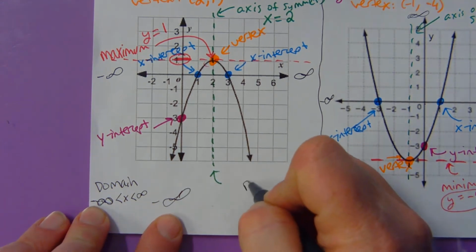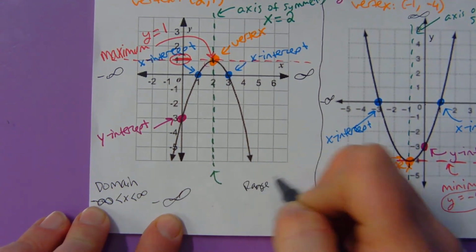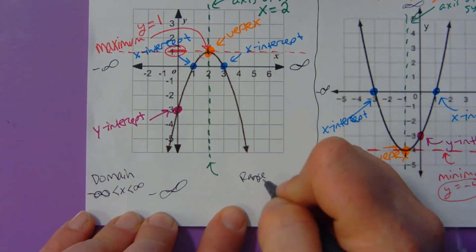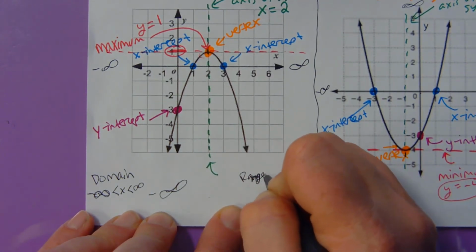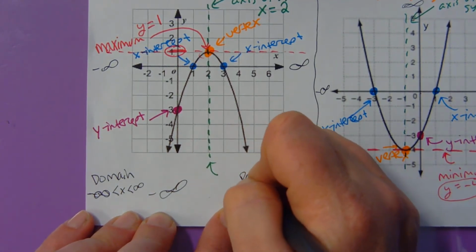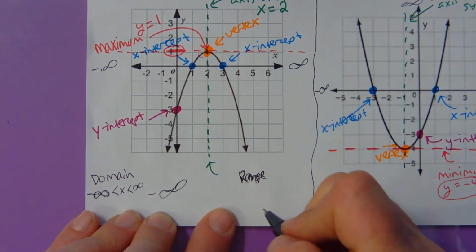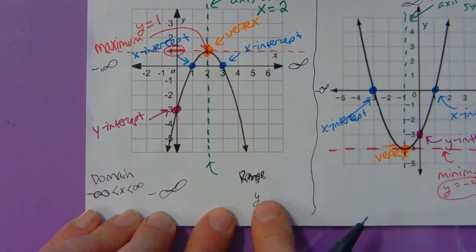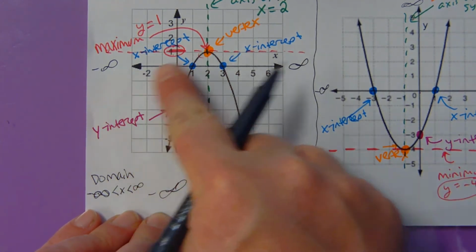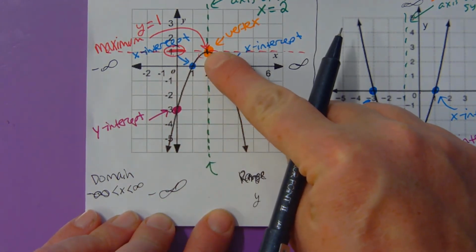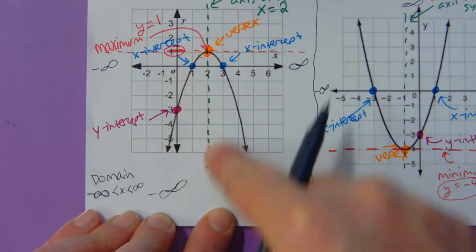And the range here, that's really sloppy writing, sorry. The range here is the y values. So remember y values. And in this case, the highest we get is up here at 1, and that's everything less than that.